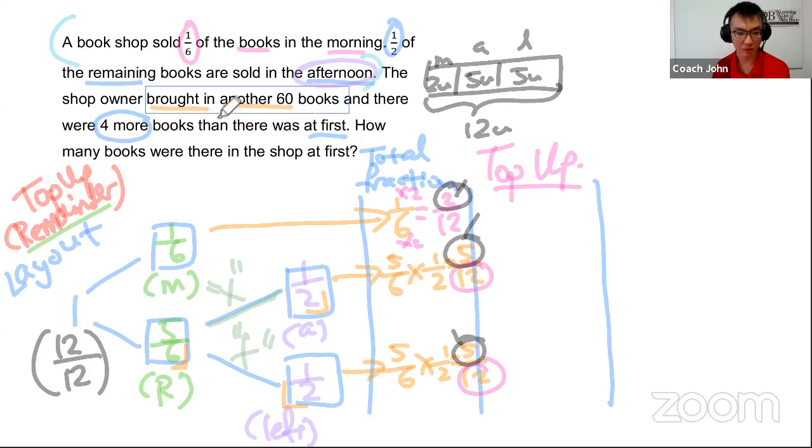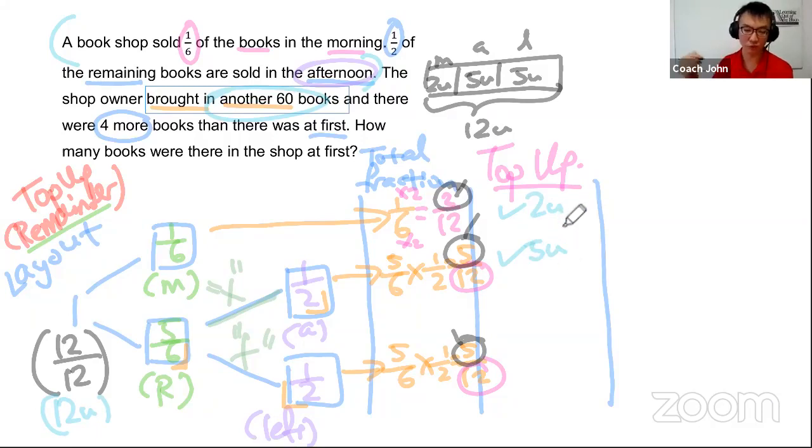What about bought another 60 books? Bought 60 books is to replace these two, right? Maybe I help you out a bit. Here will be a total of 12 units. So 2 units and 5 units are sold.